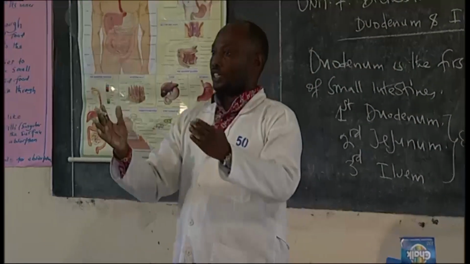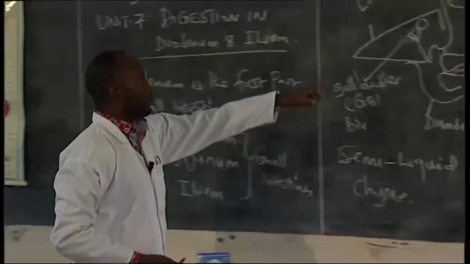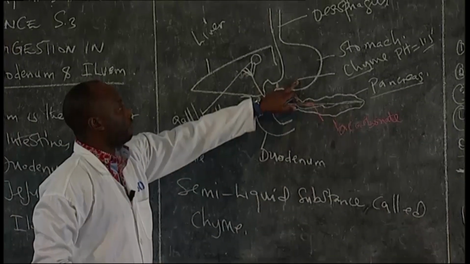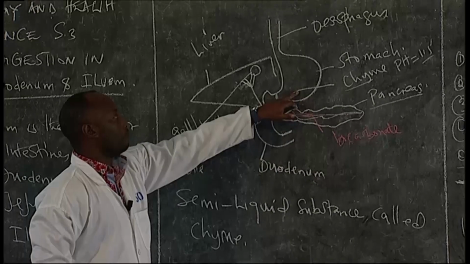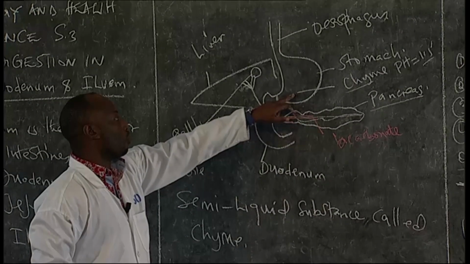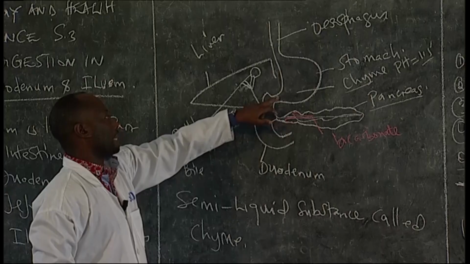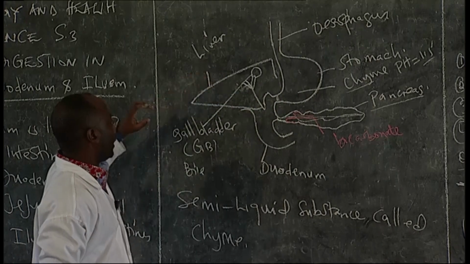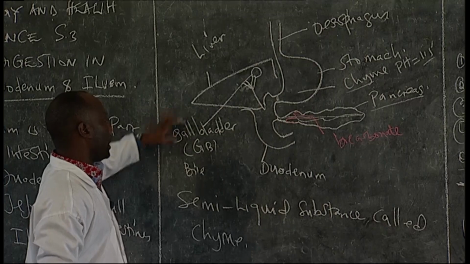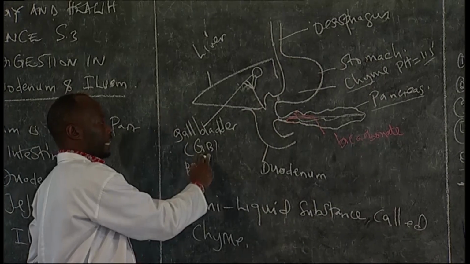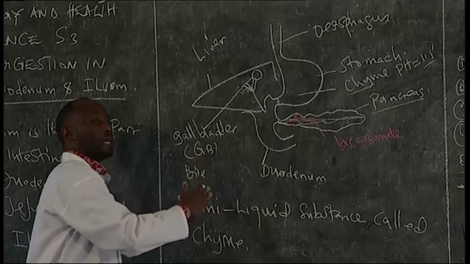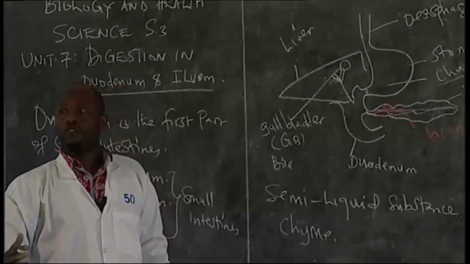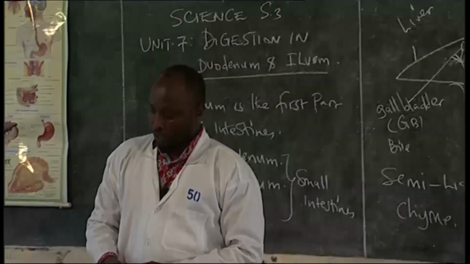Once these fats are released, they have to be broken down into small molecules so that they can dissolve in water, and that is normally done by the gallbladder, which releases the bile. Bile plays a very important function in the emulsification of fats.